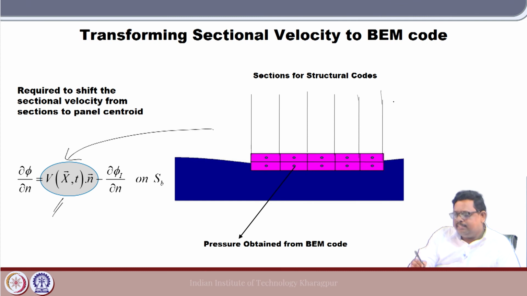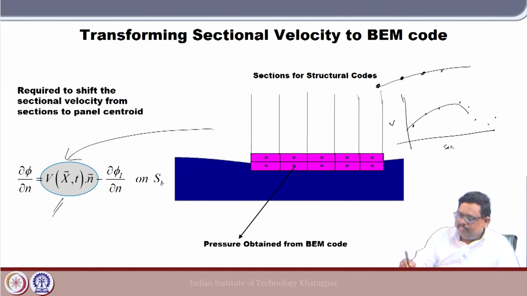Suppose I make a graph of the velocity along the sections. I have some points like this, and then I can fit a curve. It could be a quadratic curve or a cubic curve. It becomes a curve fitting problem.